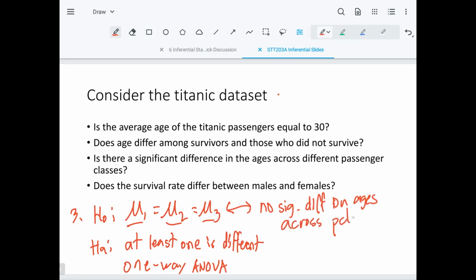So that's the same, right? No significant difference of ages across different passenger classes. So that's how you put it into words. Then at least one is different, particularly at least one mu i, at least one average is different. And we can write it as there's a significant difference. At least one is significantly different.